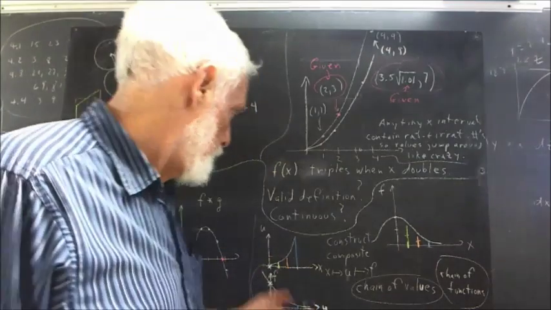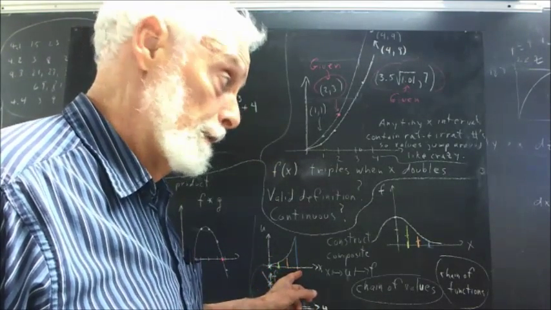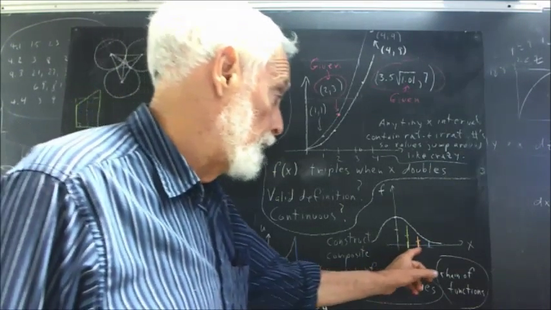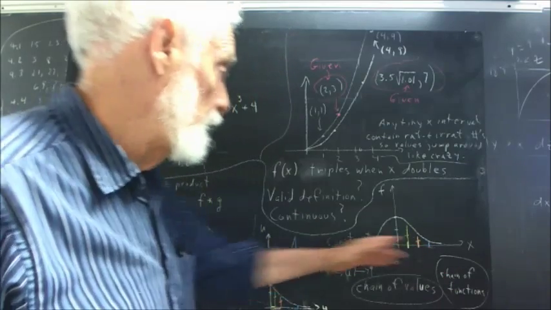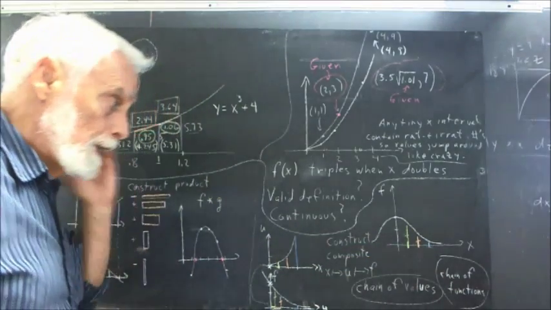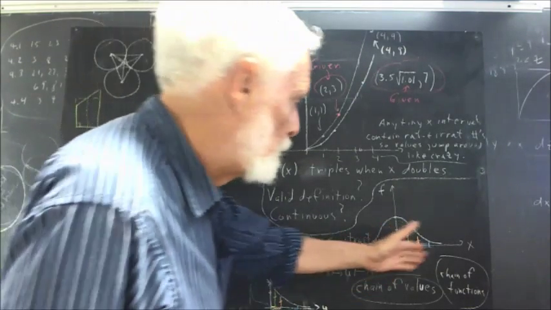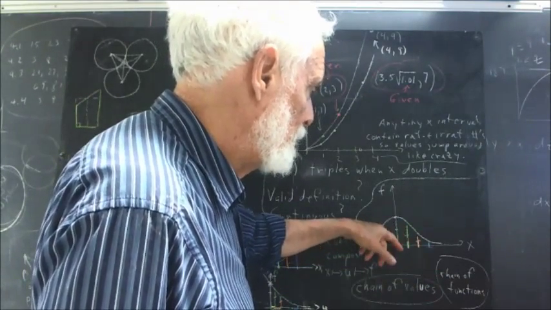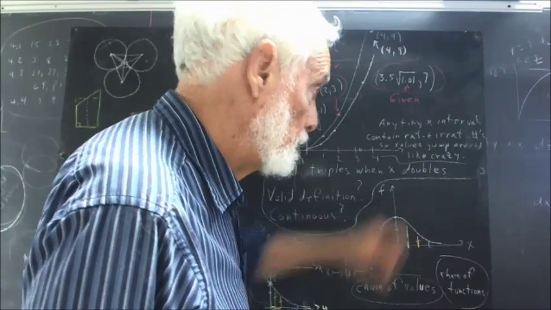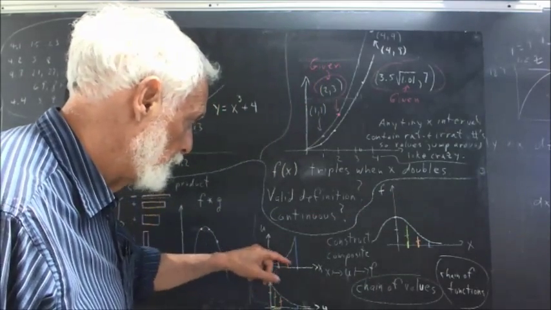Well, we've got the x scale here, and we've got the x scale here. Same scale on both graphs. I've coded these lines and points by colors: green, orange, blue. And over here it's green, orange, blue.